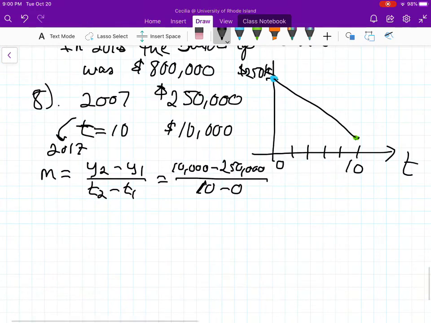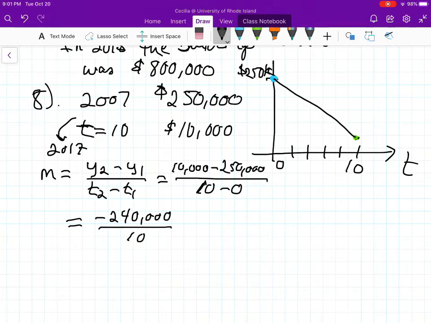So doing the math on this gives us a value of minus 240,000 divided by 10, which is equal to minus $24,000 per year.